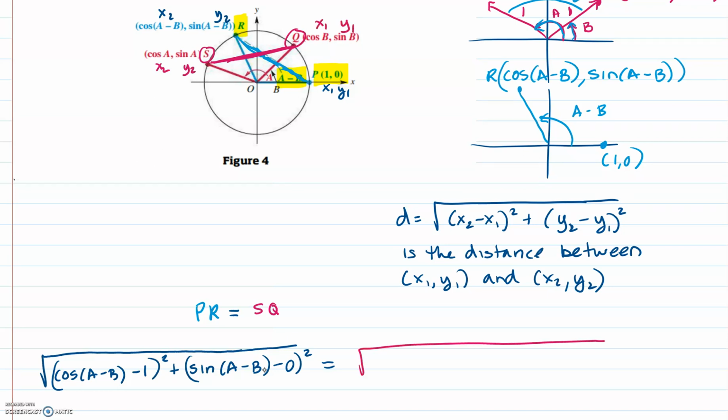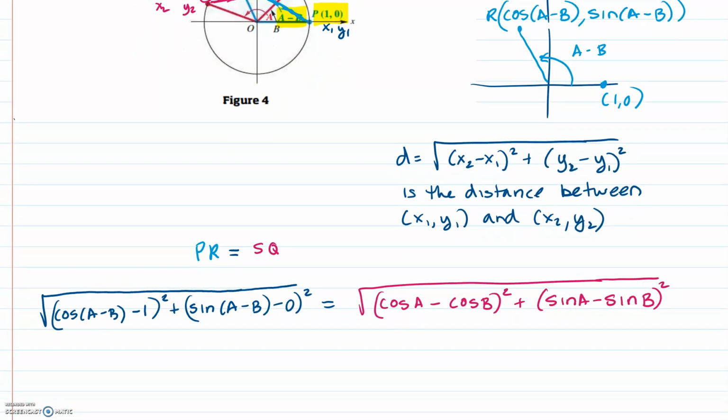We're going to find the square root of x2, which is cosine of A, minus x1, which is cosine of B, squared, plus the same thing, y2, which we know is sine of A, minus y1, which is sine of B. Extend that a little farther and square it. And believe it or not, when I simplify this, I'm going to end up with a formula. So let's go ahead and simplify this.